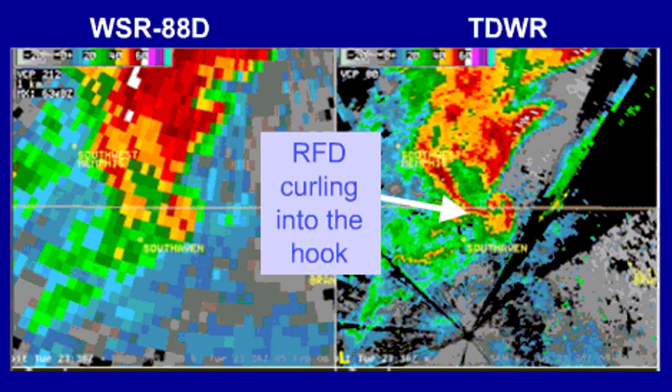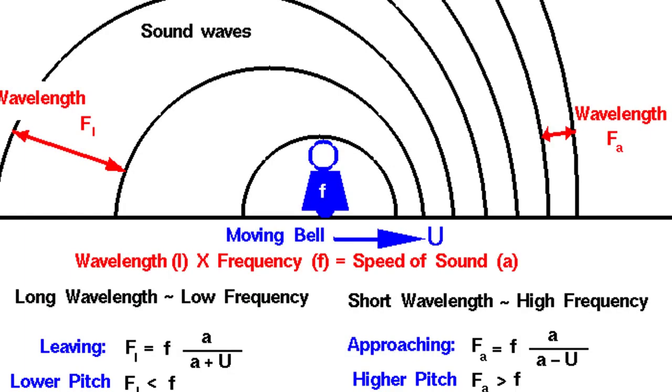The different colors tell meteorologists much more information than traditional radar can produce. In fact, it is the only tool that can be used outside of direct human observation to detect a funnel cloud or tornado. That is the hook image you see highlighted in this Doppler radar image. It is important to note that Doppler radar has no computation or compensation built in for the direction in which the signal is returned.